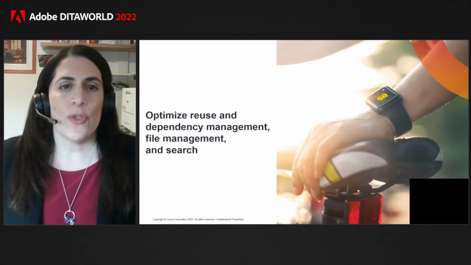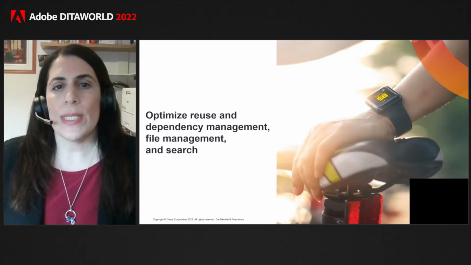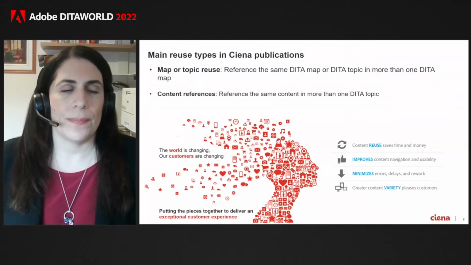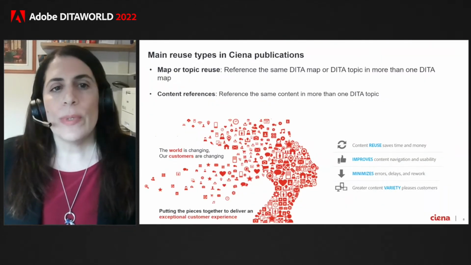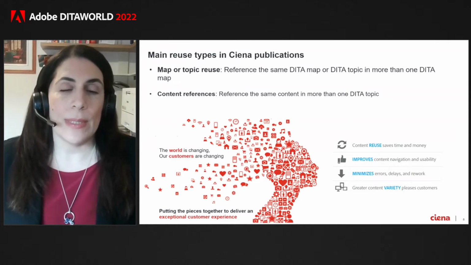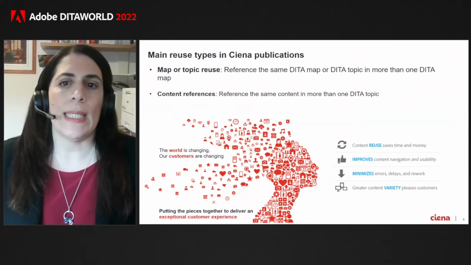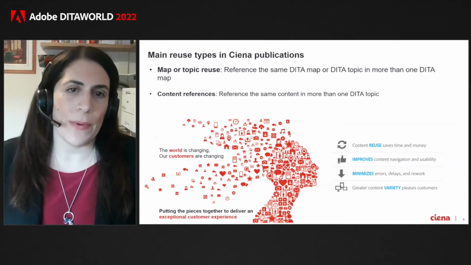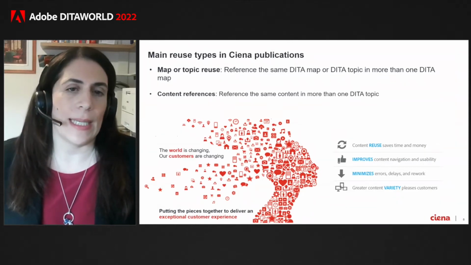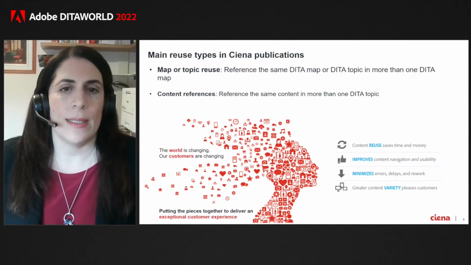The highest priority drivers were optimizing reuse and dependencies, file management, and search. When we transitioned to DITA, the team was able to benefit from DITA's reuse mechanisms to quickly build deliverables for product variations and different content products, such as getting started and user guides.